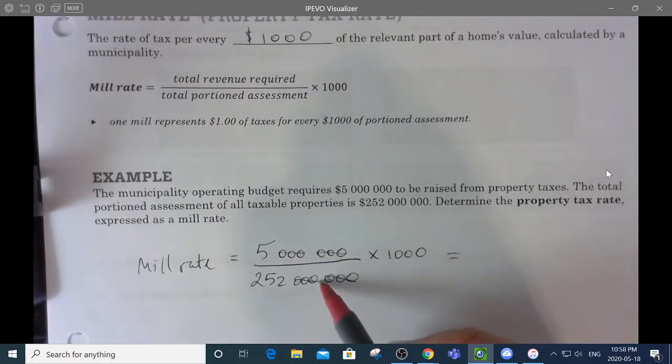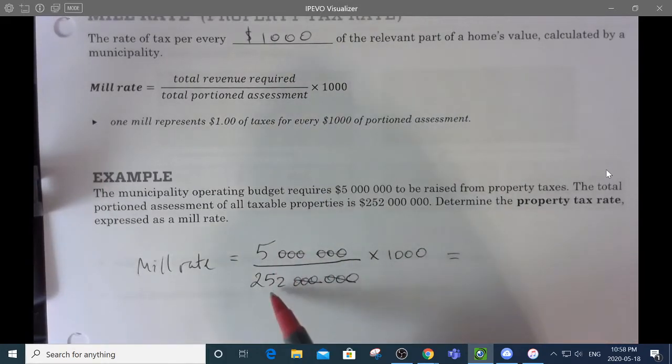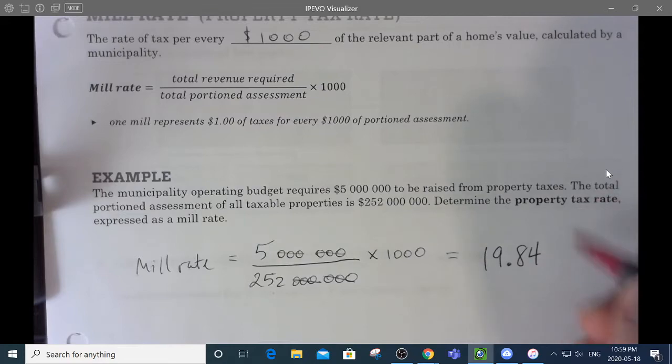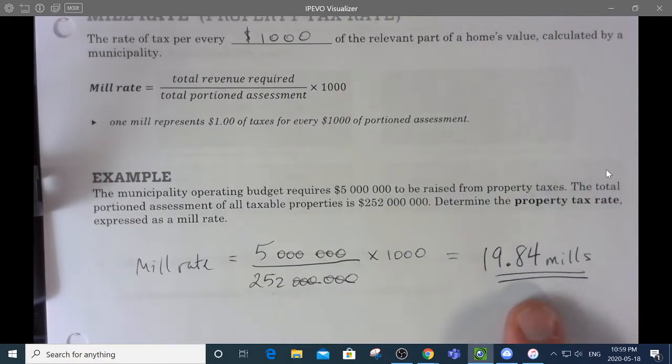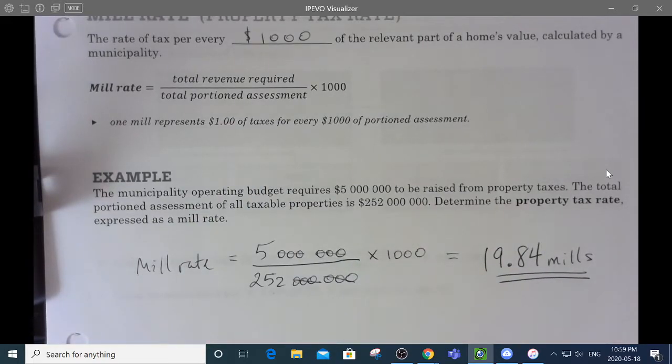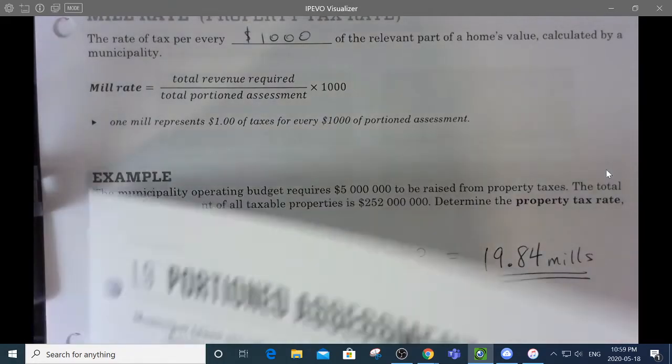So it's really 5 divided by 252 times 1,000, which ends up being, I'll round it to 2 places, 19.84. And we actually call the unit on that mils, which again means that for every $1,000 of property you own in this town, you pay $19.84 per year.